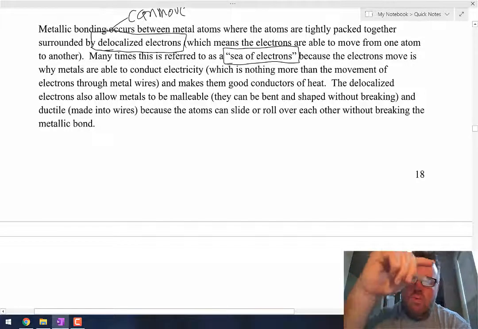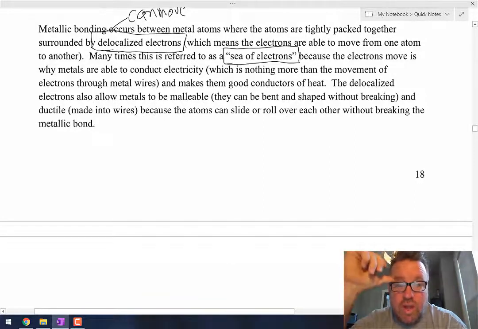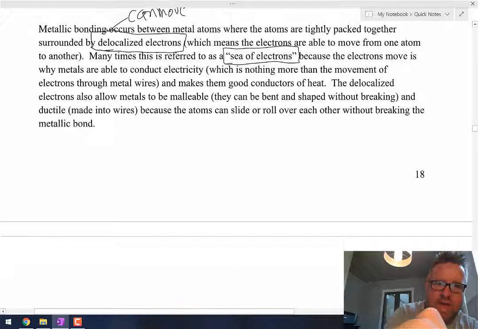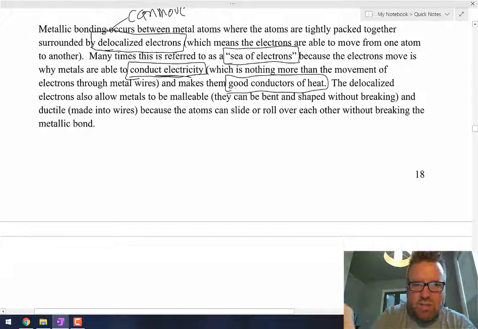Again, remember, covalent compounds don't conduct at all, and ionic ones don't when they're in the solid form. But metallic bonding does conduct electricity. That's a big difference there. They're great conductors of heat as well. Again, metals are malleable, which means they can be bent and shaped without breaking.